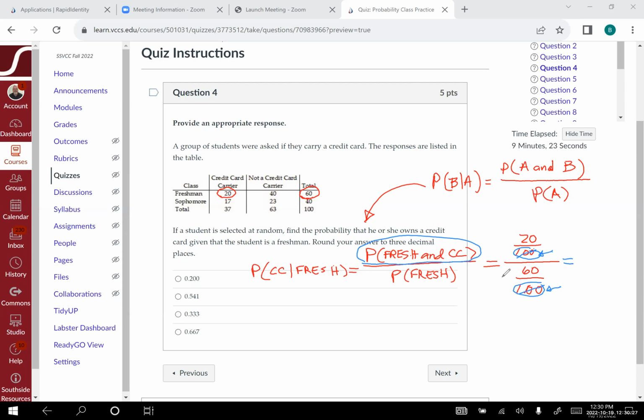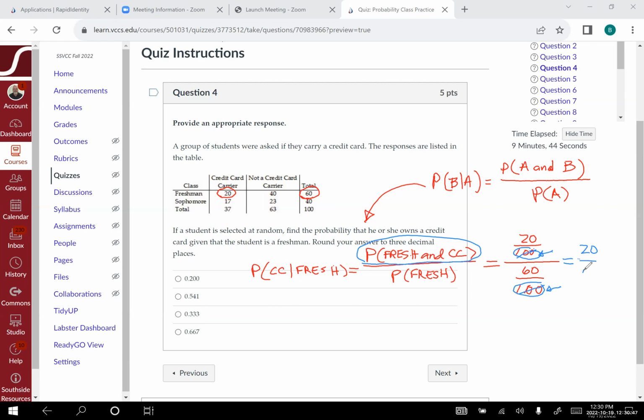Really the probability of being a freshman isn't 60. That doesn't make any sense. You know, probabilities are between 0 and 1, and 60 is not between 0 and 1. It's 60 over 100, but we'll get a little bit lazy and know that those two denominators cancel, and we just end up with this anyway.